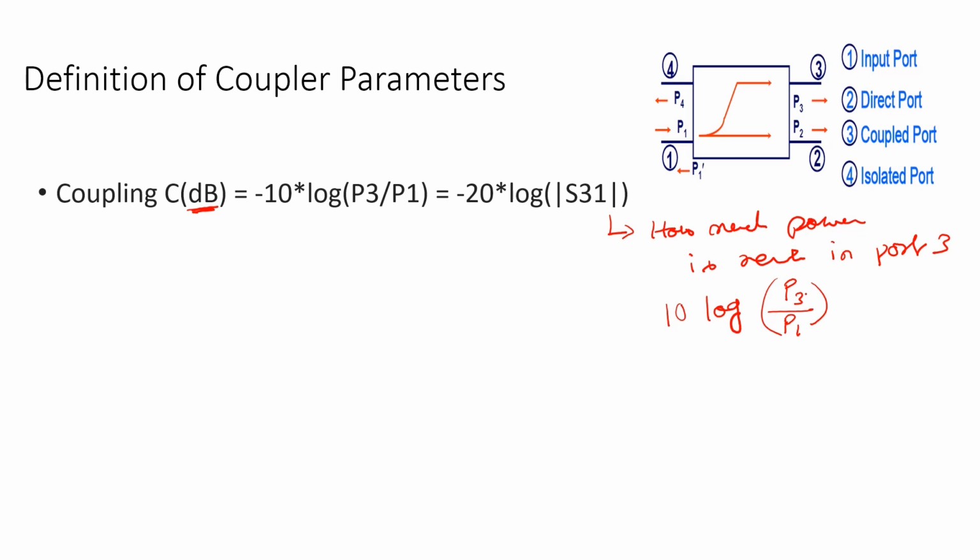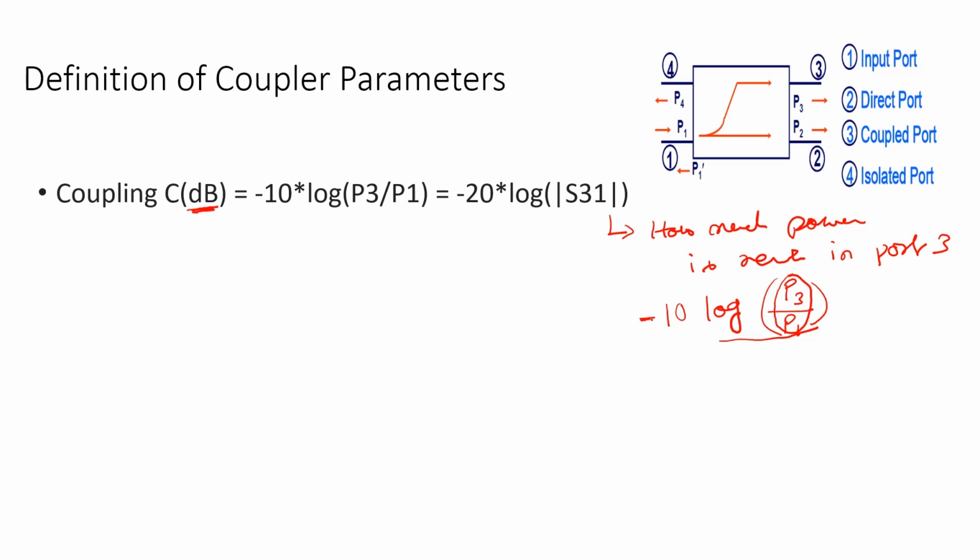And why minus? Because P3 could be equal to P1, but P3 can't be more than P1, so the ratio inside may be 1 or less than 1. So log of something less than or equal to 1 will be 0 or less than 0. So to make it positive, we use a minus sign here.